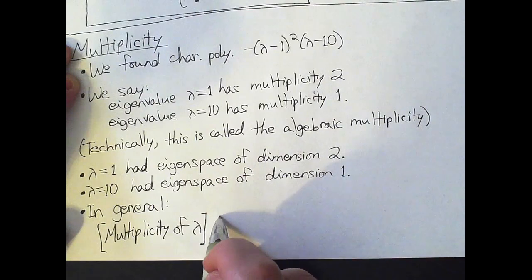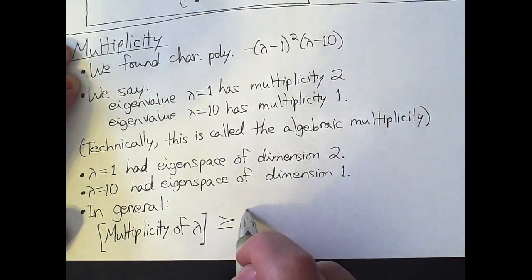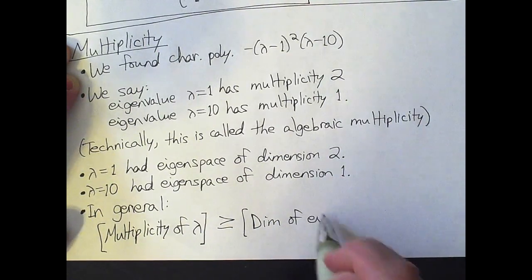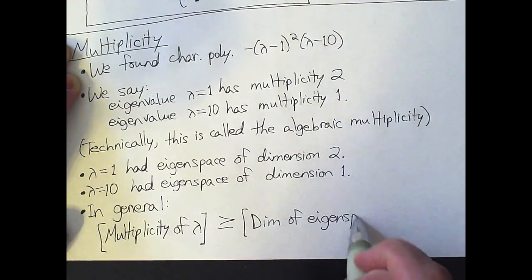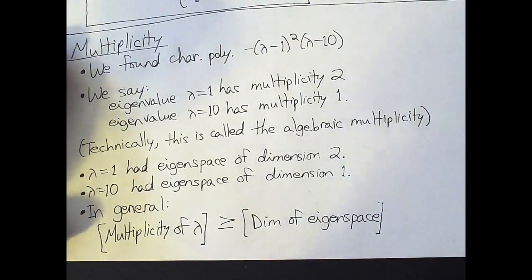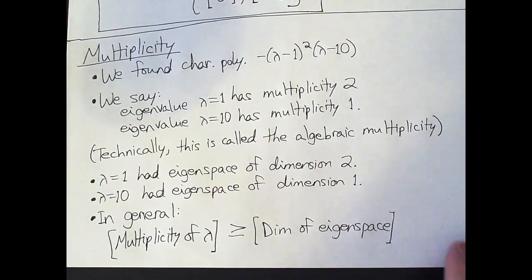It will be greater than or equal to the dimension of the eigenspace. So they don't technically have to be equal. In our example, they were equal, and they often are equal to each other. But it is possible that the dimension of the eigenspace can be less and the multiplicity could be greater.